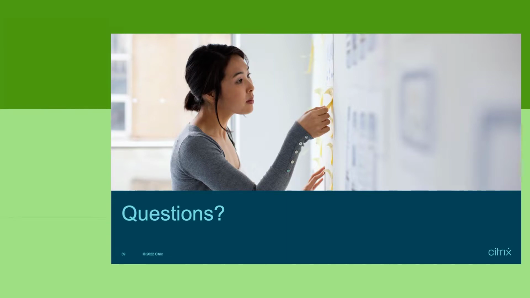Awesome. Yeah, thanks, Alan and Louise. So I'm also looking through these great questions we're getting. I see one that asks if WEM 2203 is a part of the Virtual Apps and Desktops 2203 LTSR. So I did want to describe in the long-term service release, we have components considered baseline and compatible, where baseline components are core to the LTSR and must be on the 2203 version to get the full benefits, the extended support and life cycle of the LTSR.